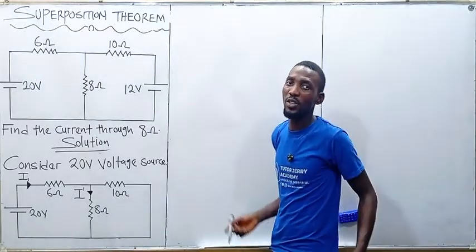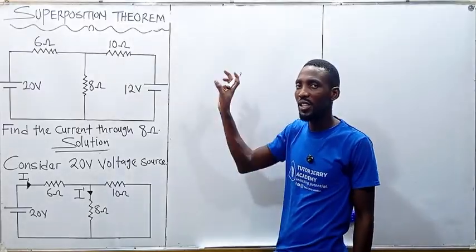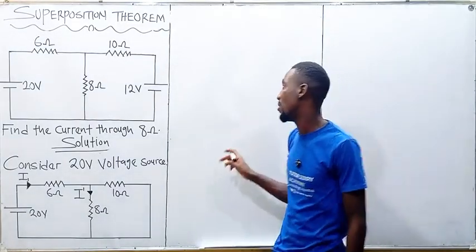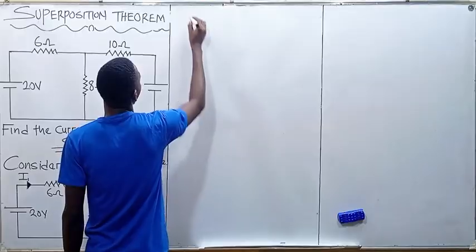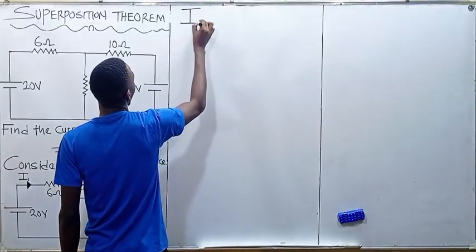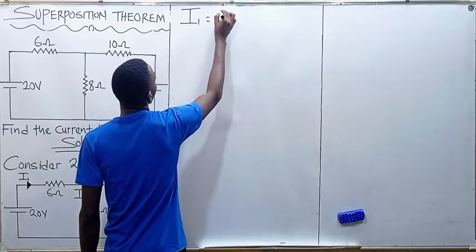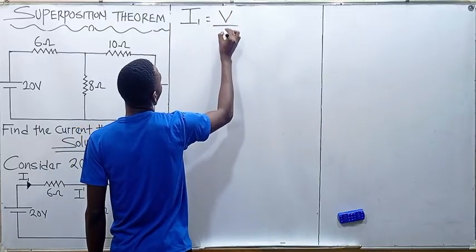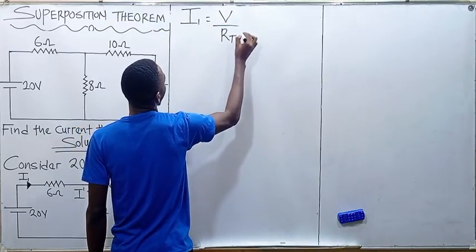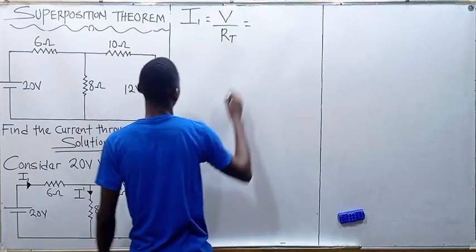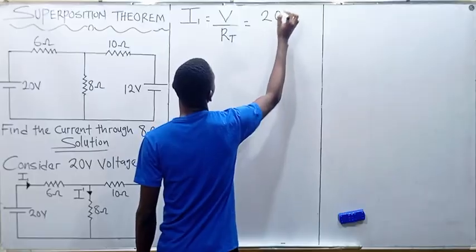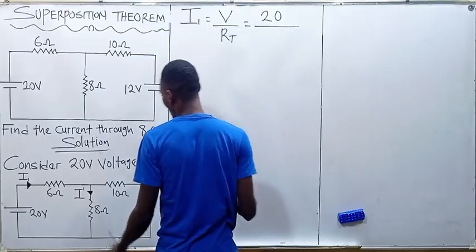So how do we calculate this I1? We are going to be using Ohm's law. We know current is voltage over total resistance. So I1 will be equal to 20 over the total resistance.